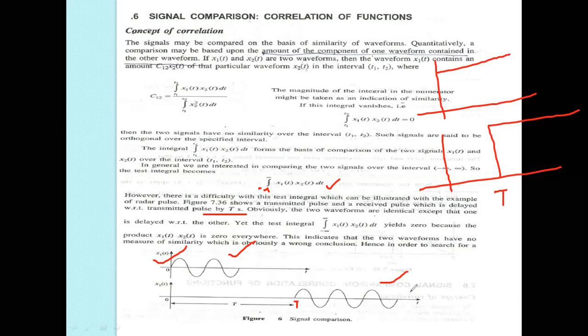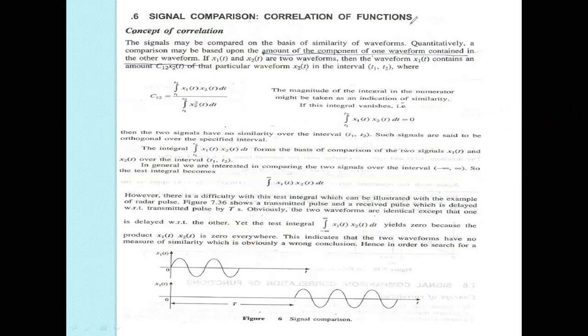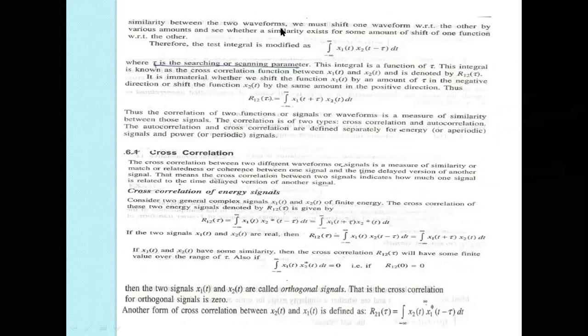Hence, in order to search for a similarity between the two waveforms, we must shift one waveform with respect to the other by various amounts and see whether the similarity exists for some amount of shift of one function with respect to the other. That shift you can take as x2 of t minus tau into dt, my students.